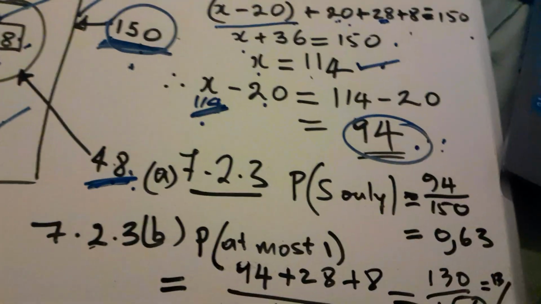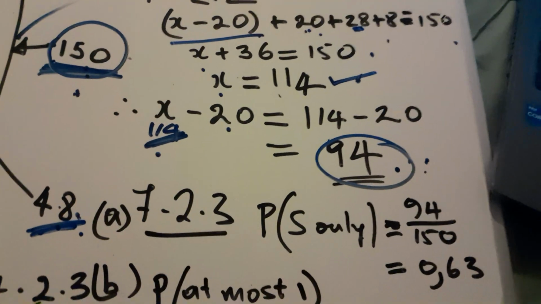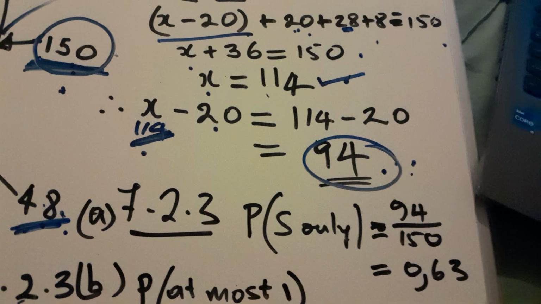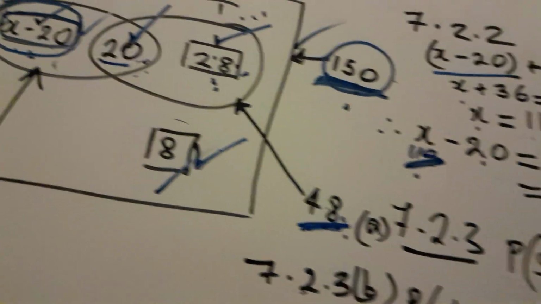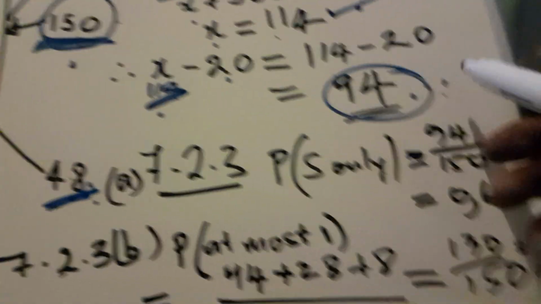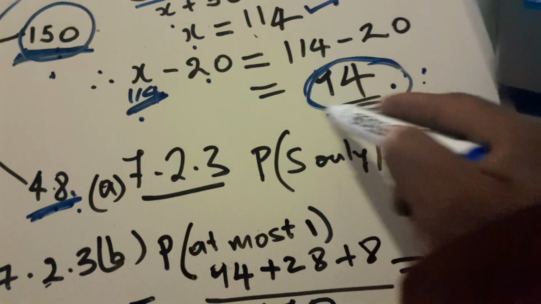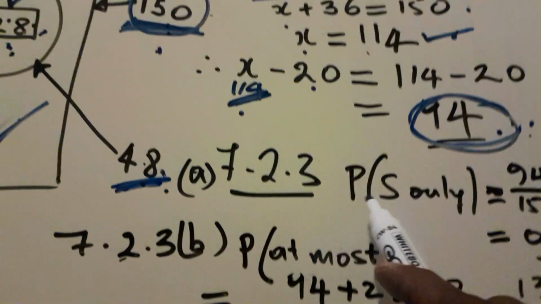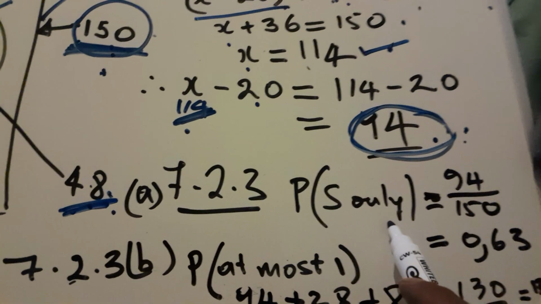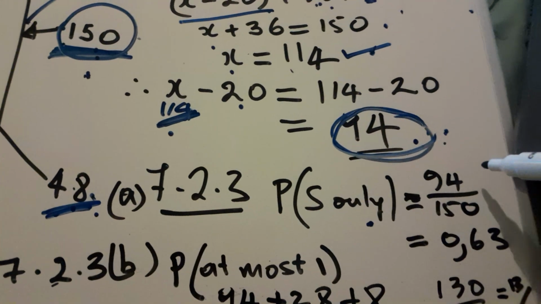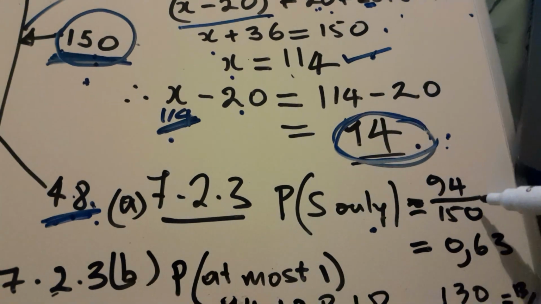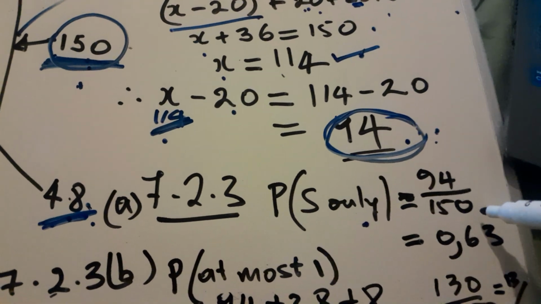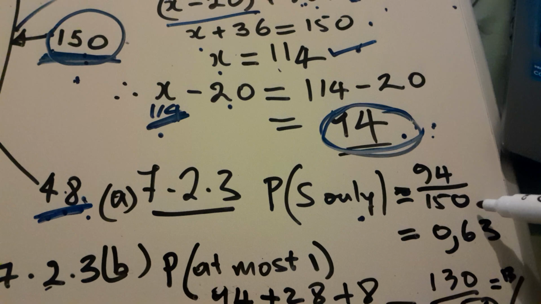Then, next question. Calculate the probability that a learner selected at random from the group owned only a smartphone. Those who owned only a smartphone, you just said they are 94. Remember, the probability of an event is equal to the number of the events divided by the total number in the sample space.